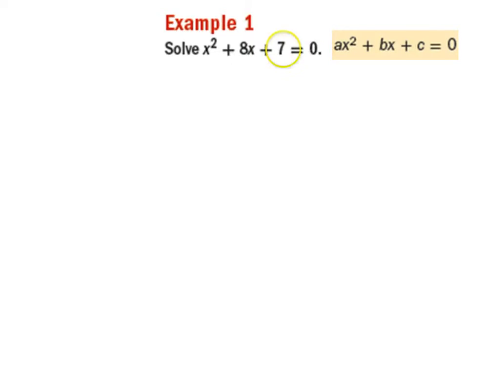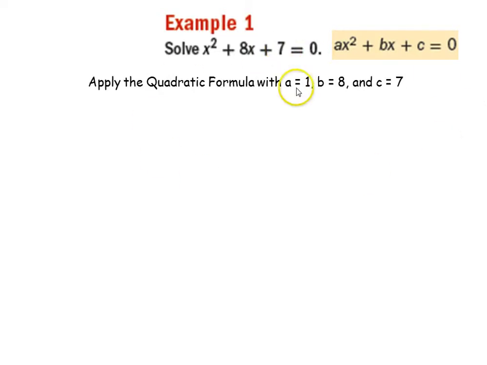So what we have here is a is 1, because the coefficient of x squared is 1, since there's no number in front of the x squared. So a is 1. B is 8 because 8 is the coefficient of the x, just as it is laid out in the standard form of a quadratic equation.